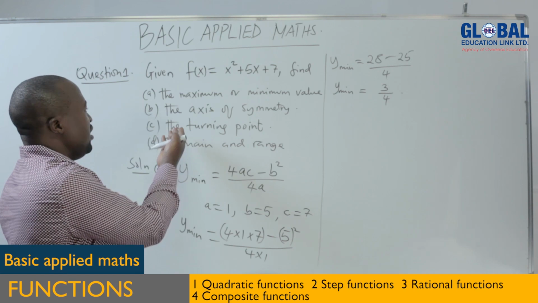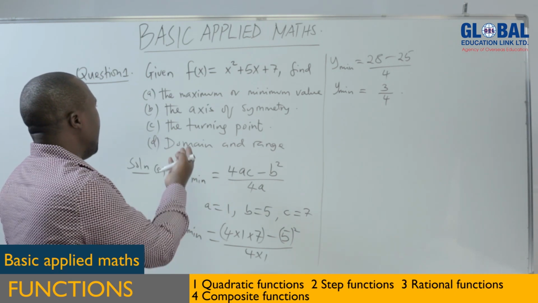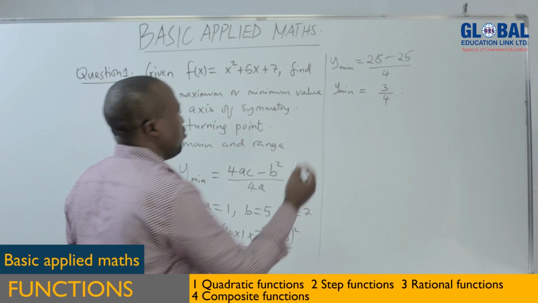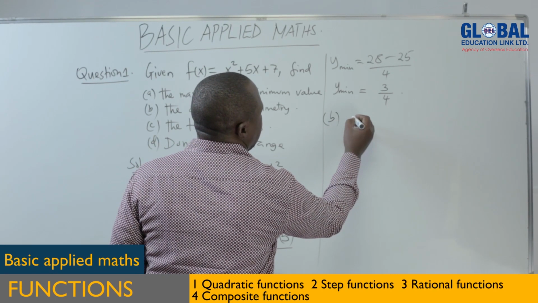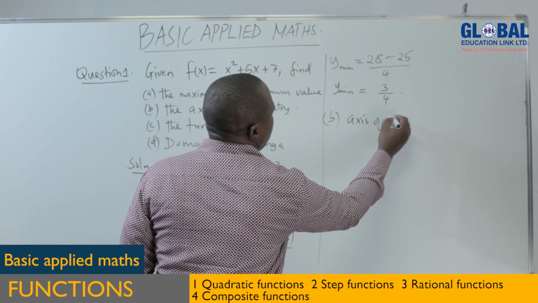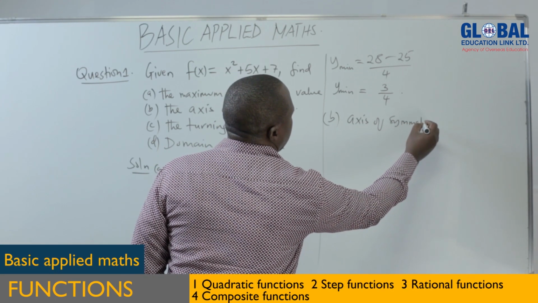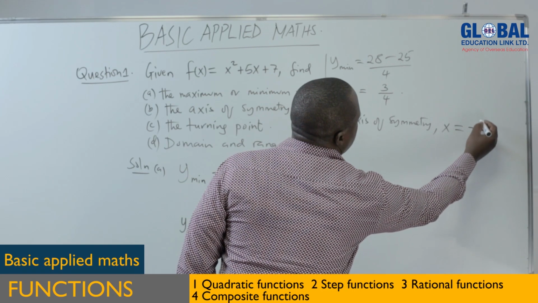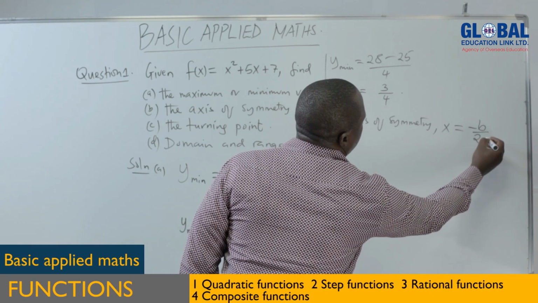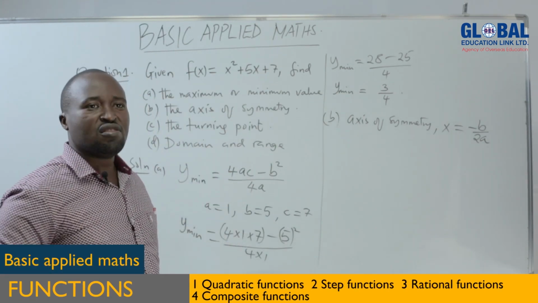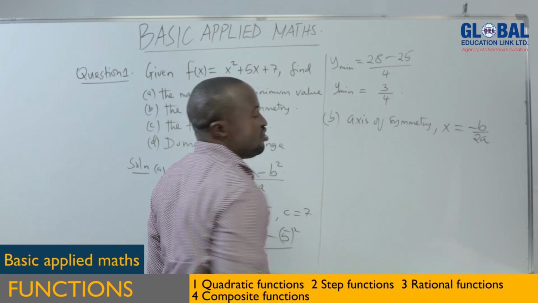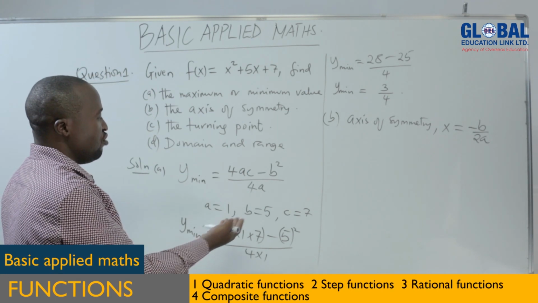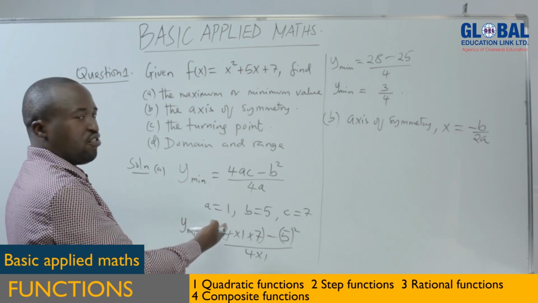But again, for B, we are supposed to find the axis of symmetry. The axis of symmetry, x c, is given by negative b over 2a. That is the general formula for finding the axis of symmetry. Remember, we have the values for b and a.